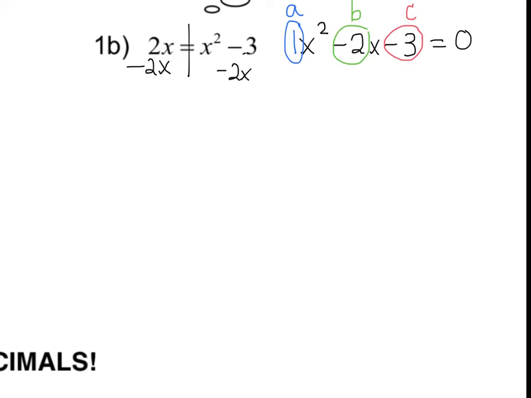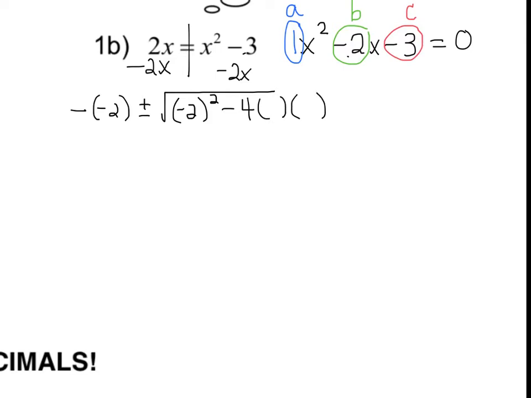So I will write negative, and in parentheses the number for B, which is -2, plus or minus the square root of, in parentheses squared, I'm going to put B again, so -2, minus 4 times A times C.